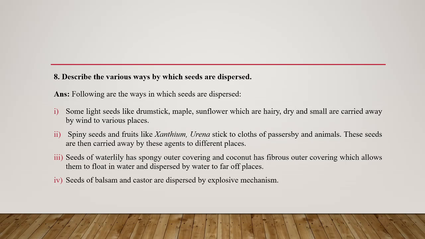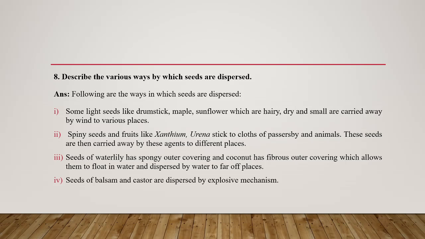Now, some light seeds like the drumstick, the maple, the sunflower, are hairy and small, dry, and are carried away by the wind to various places. So, they are dispersed by wind.